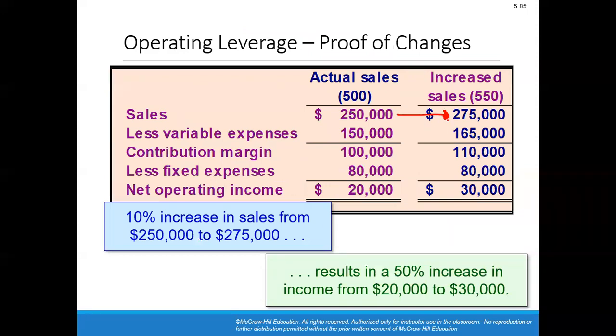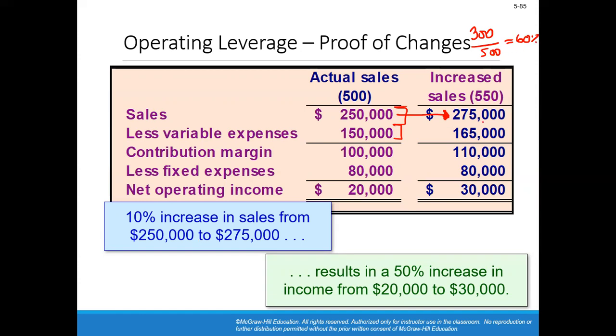And as for our variable expense, how much is it? It comes from 300 over 500. So 60% is our variable expense.